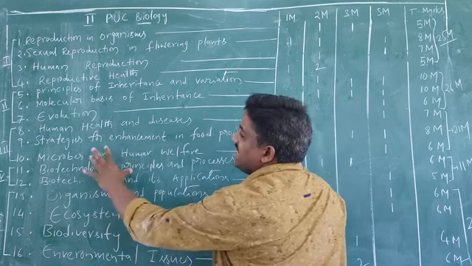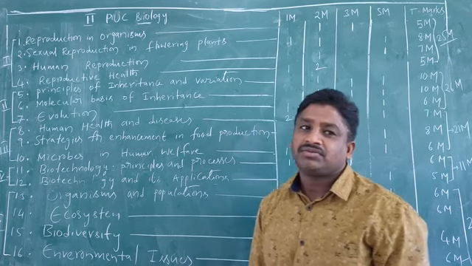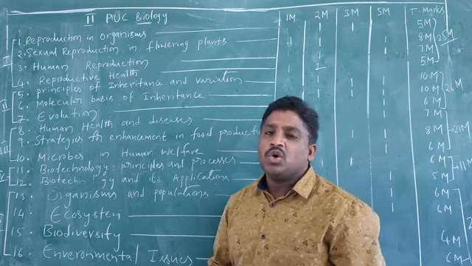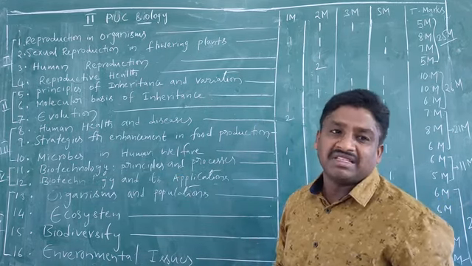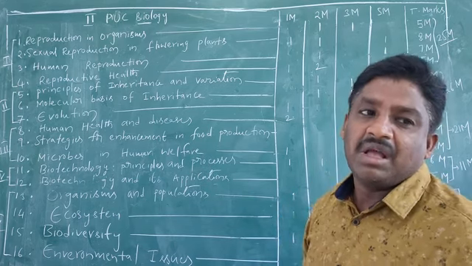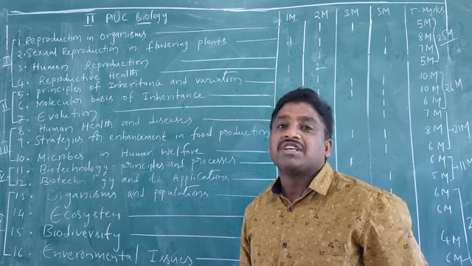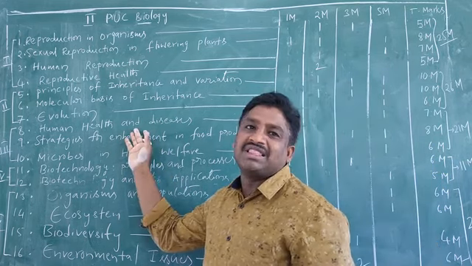So in human health and disease, what kinds of diseases are there? You can see different types of life cycle mechanisms. For example, the Plasmodium malaria parasite mechanism. You can see here, in human health and diseases, the different diseases and their symptoms. Everything is observed in human health and diseases.